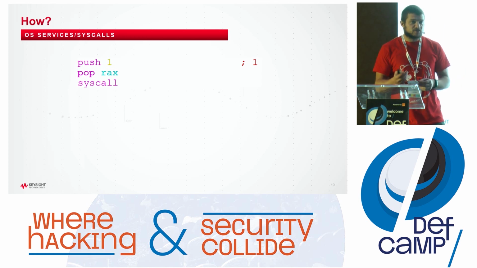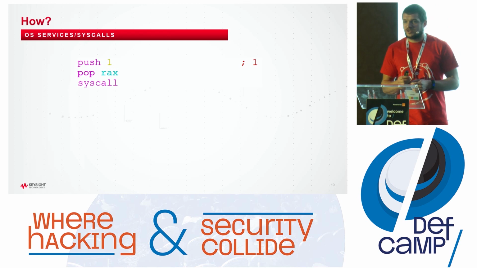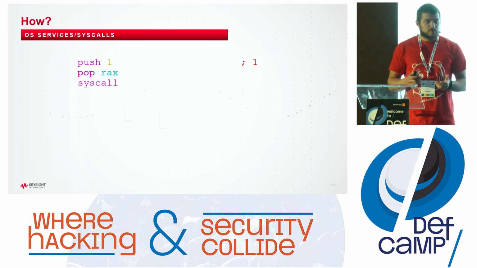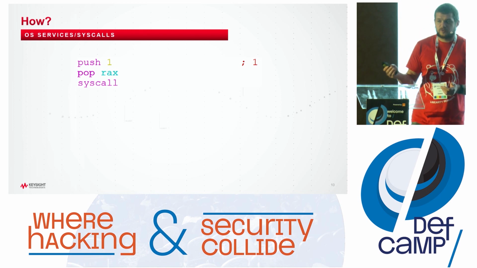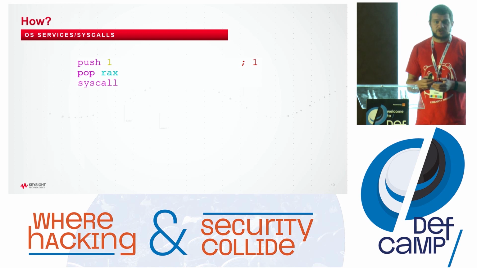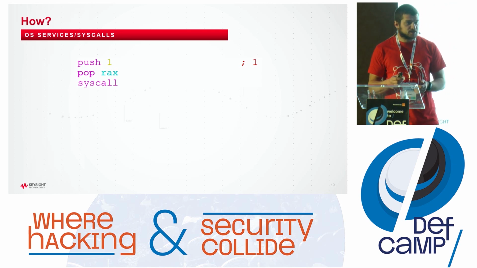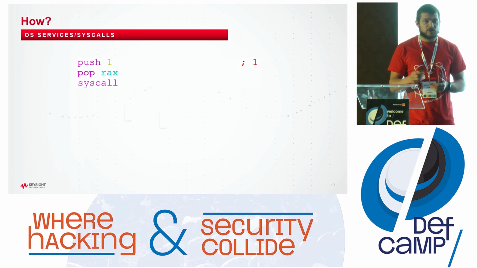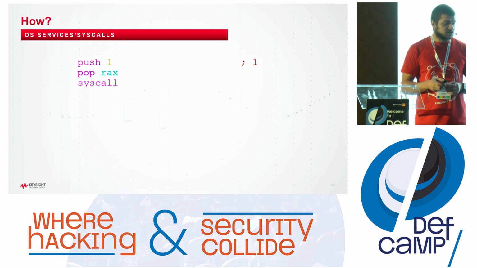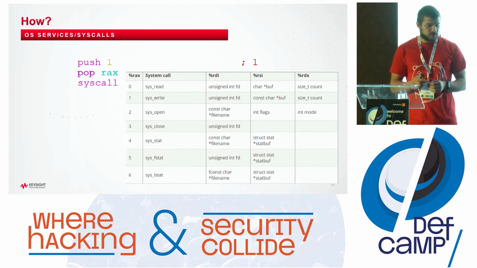Then we have the part on the right. Those are the operating system services, and this is done by system calls. I don't know how many of you have looked into this part. Basically, what happens is when you need something from the operating system, the CPU is going to have a special instruction. This is an example from Intel and AMD x86-64 architectures, where you have a syscall instruction. And before the syscall instruction, you pass some parameters. In this case, it's the value 1 in one of the CPU registers.